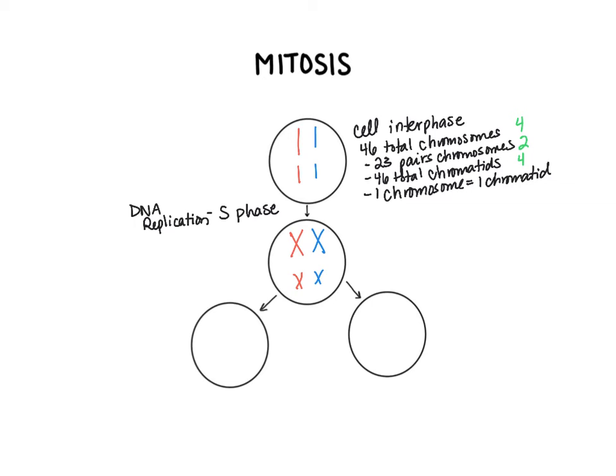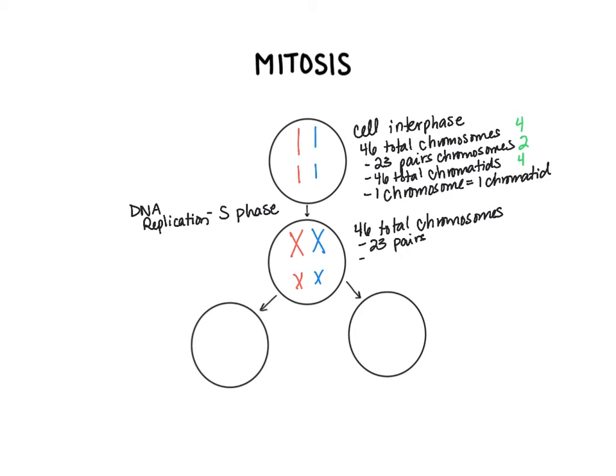So after the S phase of interphase, the cell still has 46 total chromosomes. And those chromosomes are still arranged in the form of 23 pairs. However, we have now doubled the number of chromatids present.